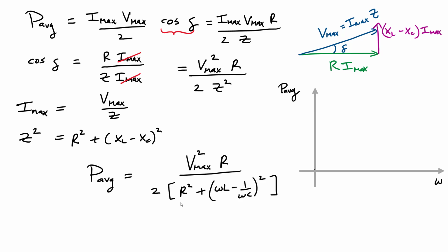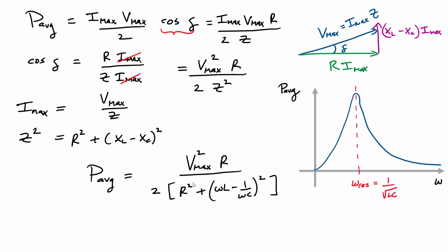Omega only appears down here in the reactive terms. If you make a sketch of that, again, it'll depend on the different values of the parameters, but a generic sketch might look something like this. It typically has a peak function, and it could look symmetric or asymmetric depending on the values. I'll show you some specific values a little bit later on when we talk about the Q factor, but this is just a generic plot.